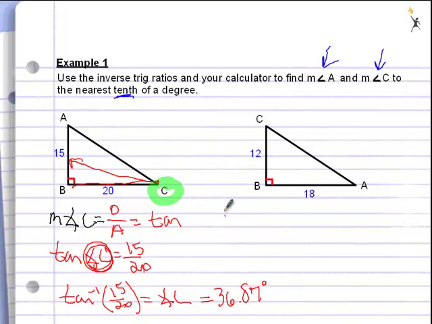Or 36.9 because we're just rounding to the nearest tenth. Either way, you'll notice that that's the exact same answer that we got a second ago when we just did the interior angle sum theorem, where the interior angles of a triangle add up to 180.